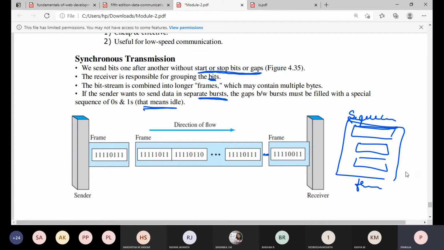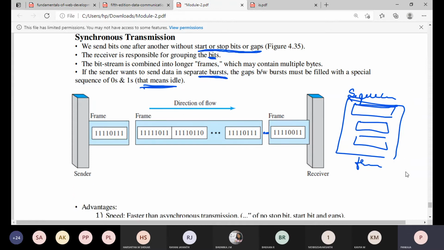After this you can add this time interval by sending zeros, which indicates the end of the frame, or that during that time the transmission of data is idle. You can specify that by adding a sequence of zeros and ones. This type of technique is used in synchronous transmission.